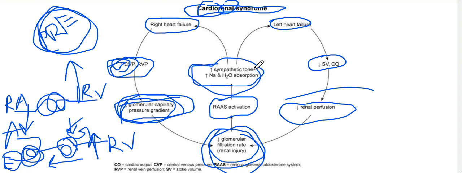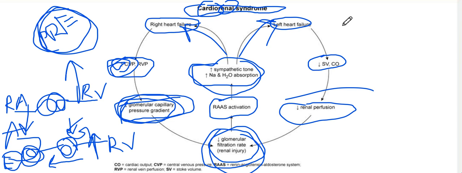So all that ultimately leads again to cardiac failure. So actually cardiorenal syndrome is one condition causing the worsening of the other condition. When there is cardiac failure, that ultimately leads to renal failure.